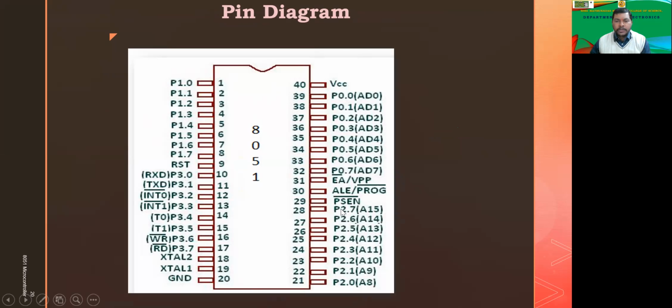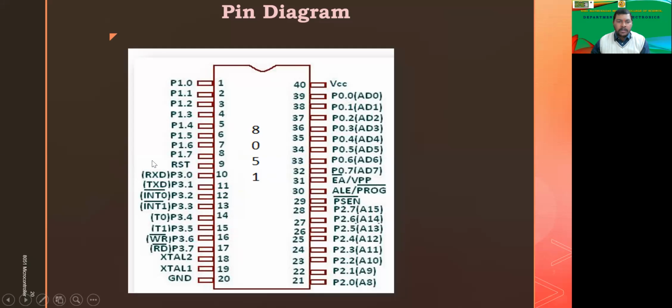Port 2, P2.7 to P2.0, pins 28 to 21. And similarly, port 3, P3.0 to P3.7. These four ports are multiplexed, so they can also be used for other purposes, and we'll be studying all this in depth.